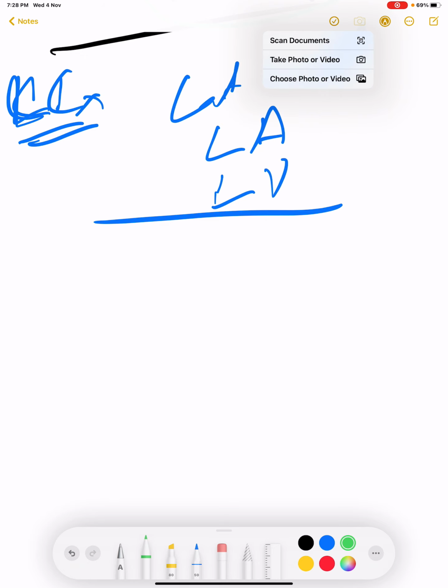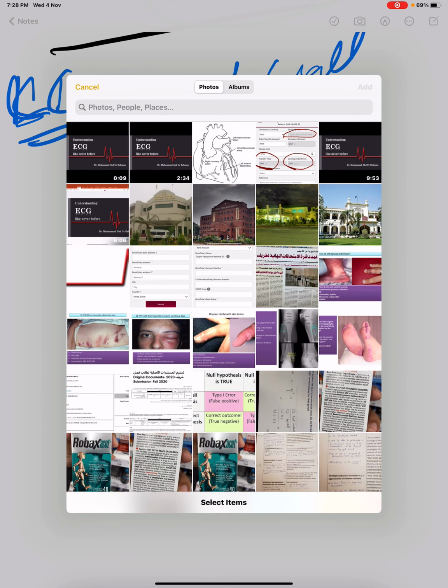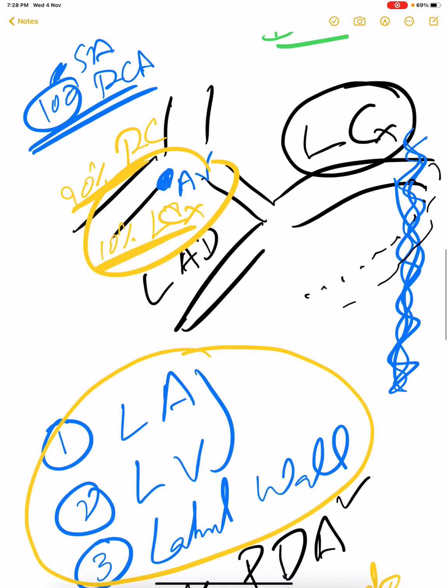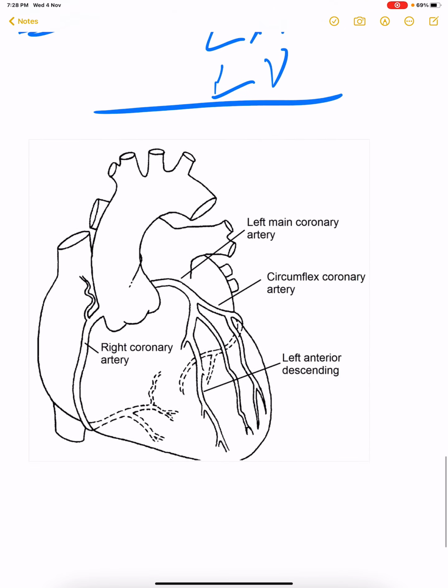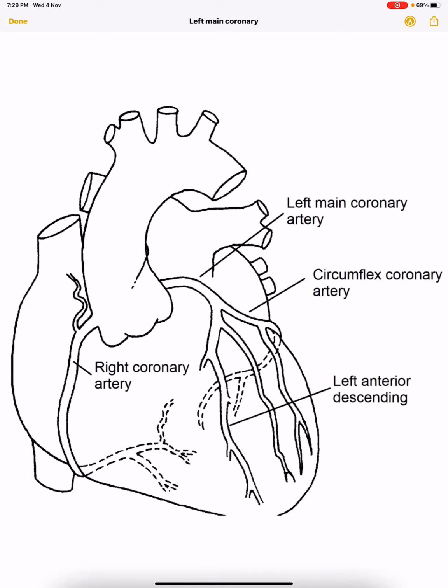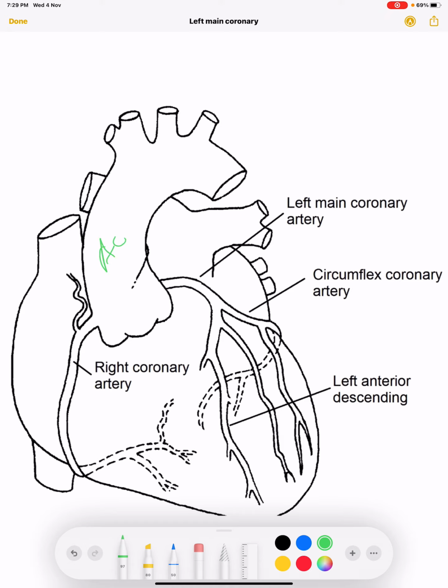I will explain it with the help of one image as well. So let's take this image. This is a relatively better diagram as compared to what I have drawn. So let's have a look. This is aorta, this is right coronary artery, as I explained.